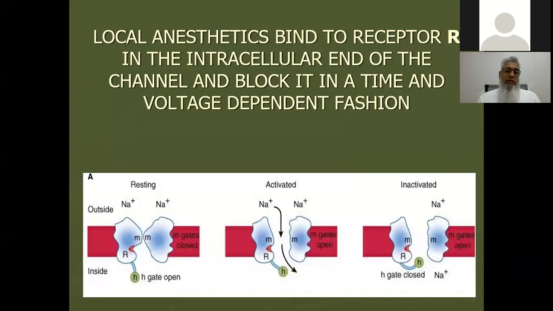Uncharged drug can only penetrate the lipid membrane of the axon. Once inside the cell, this non-ionized form becomes charged, positively charged, and then it binds with the receptor of the voltage-gated sodium channel and blocks it.